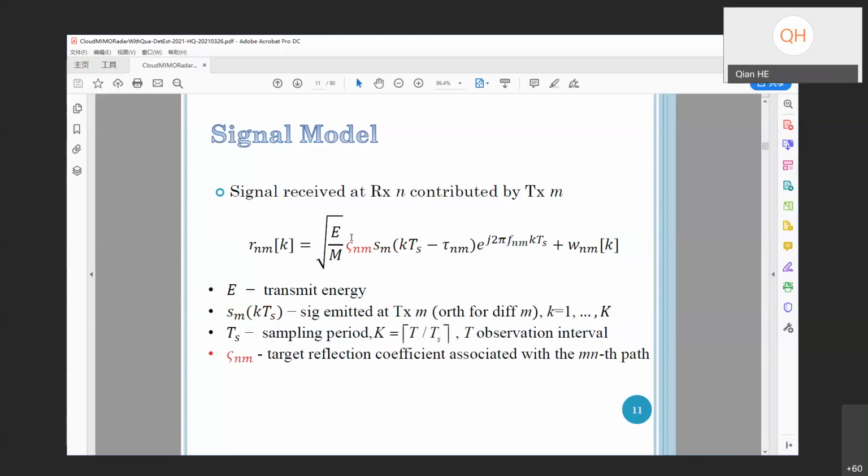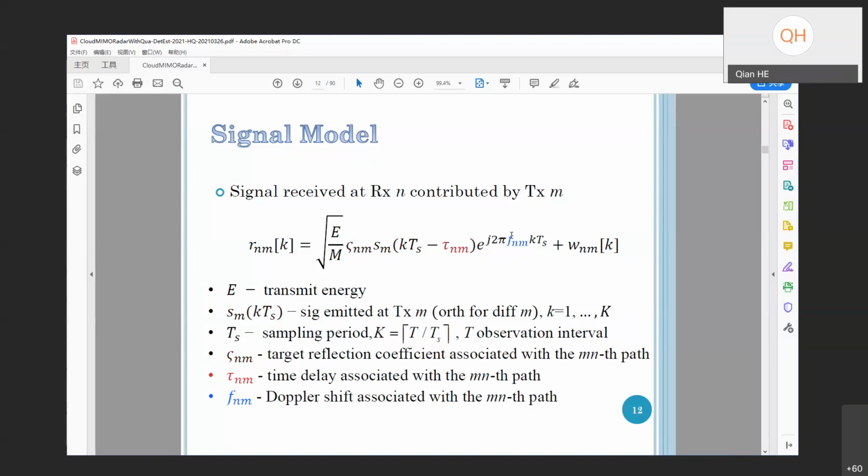And f is a Doppler shift. Possibly the target is moving, and you get a Doppler shift associated with different transmitter to receiver paths. And tau_mn is the delay due to the propagation from the transmitter to the target and then to the receiver. So different paths may have different time delays and different Doppler shifts.